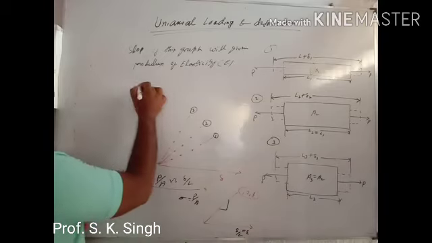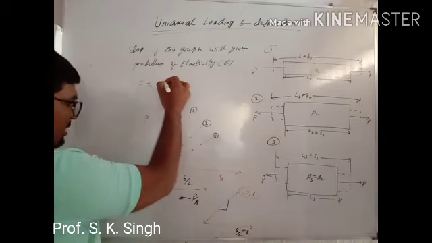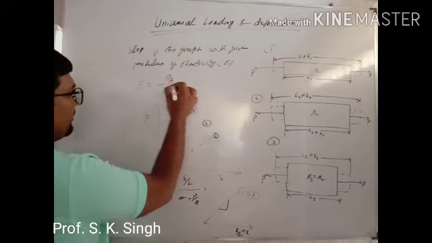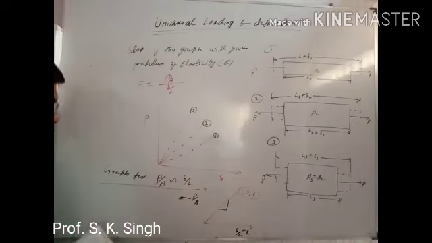E equal to P by A divided by lambda by L. You will get this once you go for the slope.